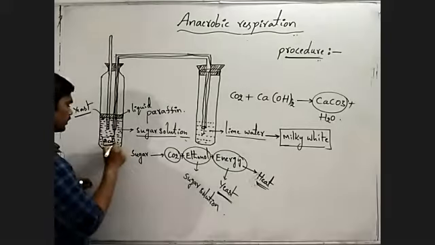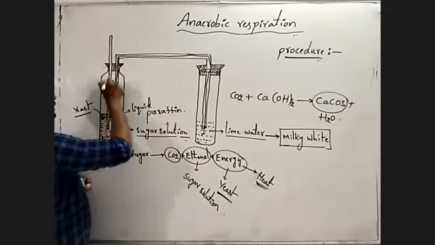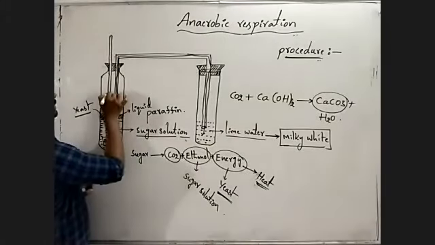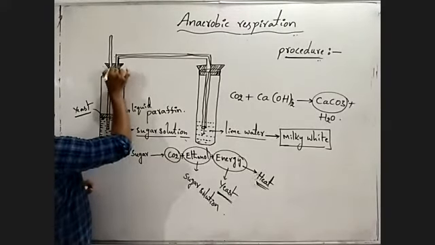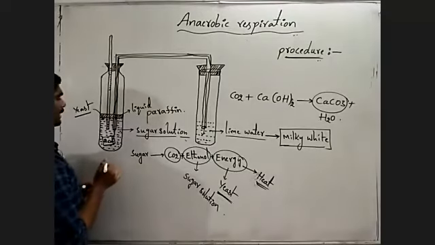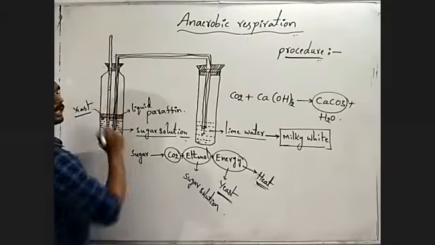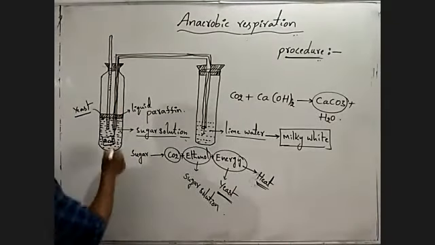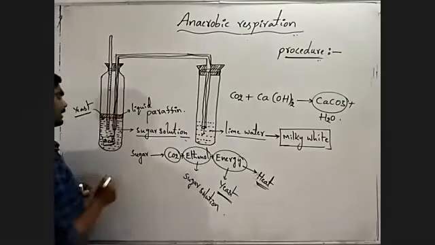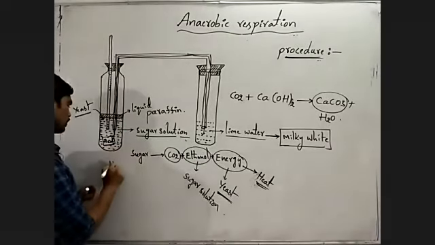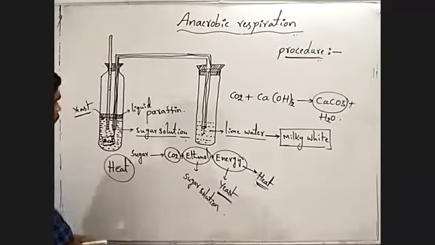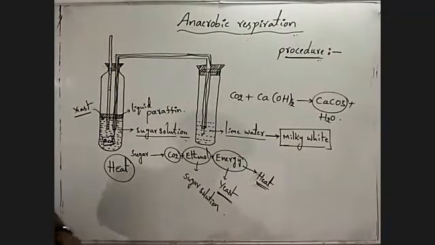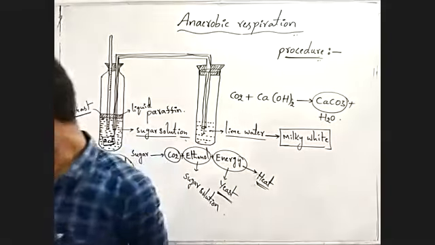Due to the heat, the mercury level in the thermometer increases. The increased level of mercury indicates the production of heat in this process. Understanding? This is a simple activity.